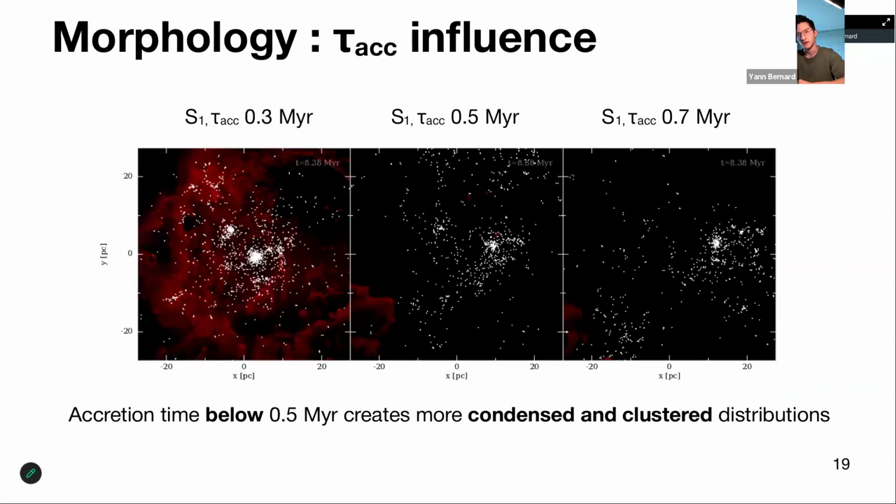I will go a little faster, but this accretion time can control well the morphology of the cluster. Basically, when you have a much shorter accretion time, then you will form a denser cluster and more substructure inside the distribution of stars.